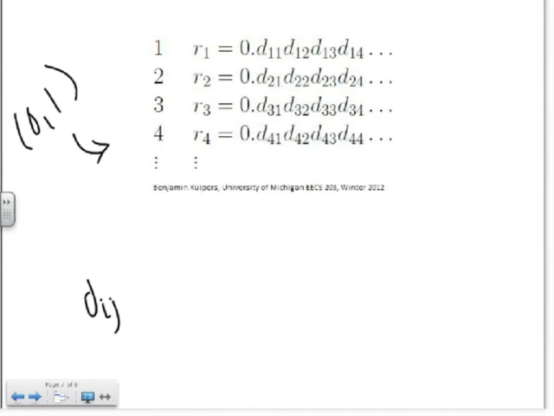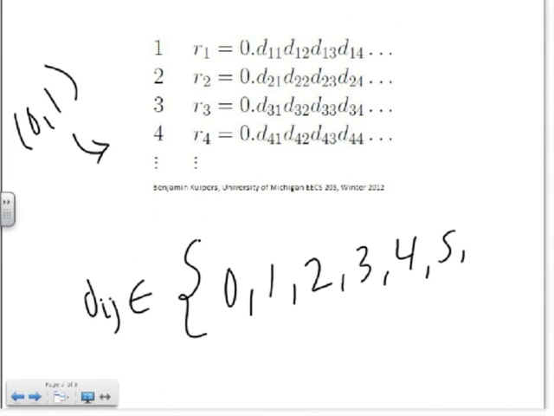So for instance, d11 would be the first row and the first column. And so d_ij is going to be an element of this set: 0, 1, 2, 3, 4, 5, 6, 7, 8, 9.